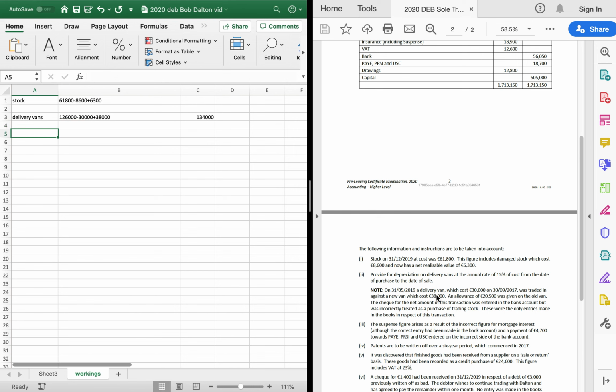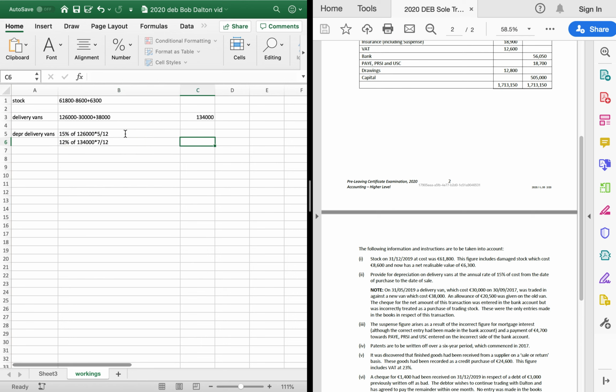So then your depreciation of delivery vans. The rate is 15%. So it's 15% of 126, and you're working around the first date. So 15% of 126 multiplied by 5/12. And then it's 15% of 134 multiplied by 7/12.